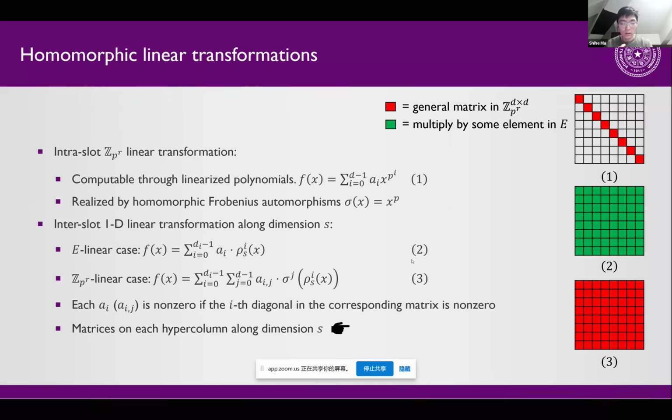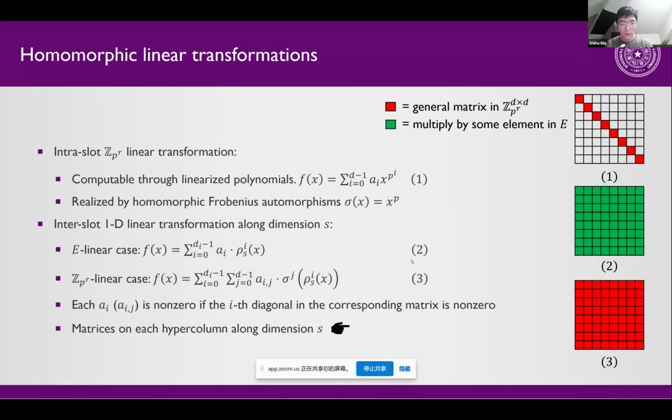The second type is called the inter-slot one-dimensional linear transformation along some dimension S. We say that the linear transformation is one-dimensional if it acts as independent linear transformations in every hypercolumn along dimension S. If this linear transformation is E-linear, it can be computed with just rotations along dimension S. If it is Z_{p^r}-linear, we will need both rotations and Frobenius automorphisms.